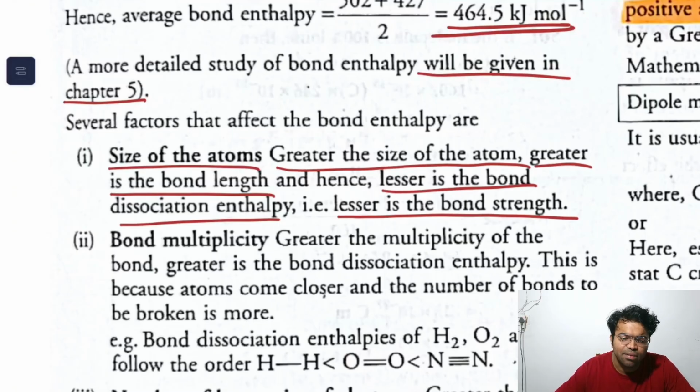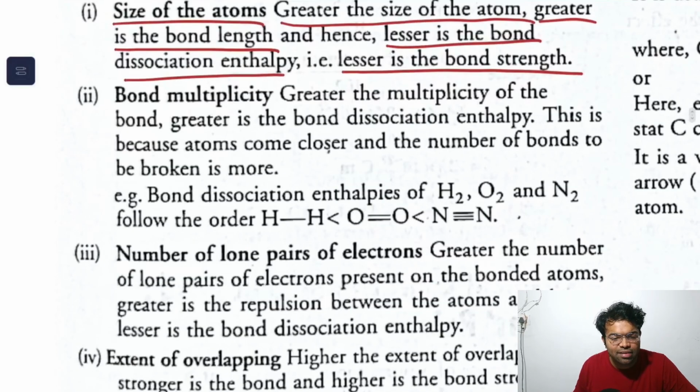Therefore, as the size of the atom increases, the bond length is increasing, the attractive force existing between the two is decreasing, and therefore the bond enthalpy decreases. I hope you understood this. Did you understand this? Yeah. Now, the bond multiplicity.